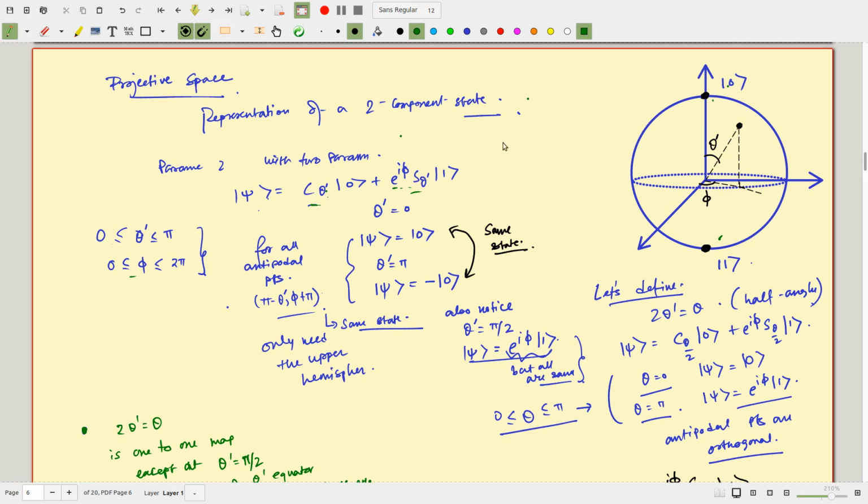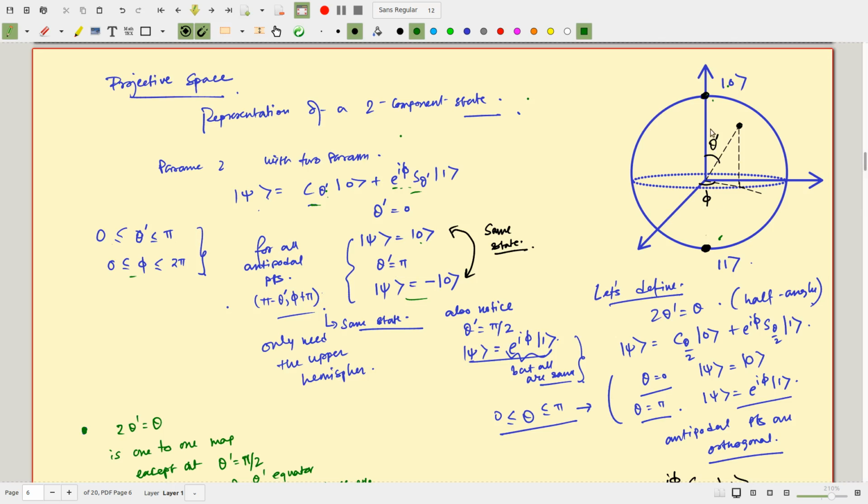It is the base state 0. If I put theta prime equal to pi, I get here, and that is basically minus 0. Now we know 0 and minus 0 are the same state, because they differ only by a phase factor, and states which differ only by a global phase factor are the same state.